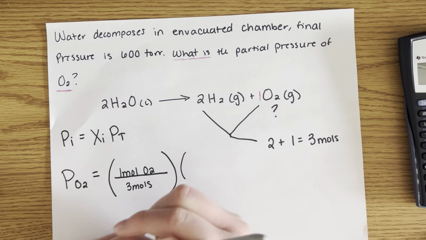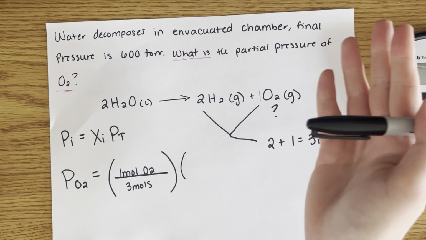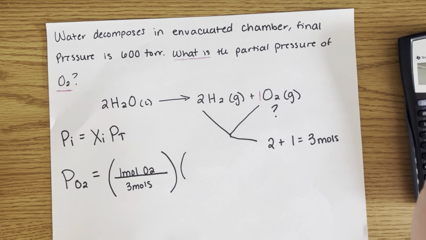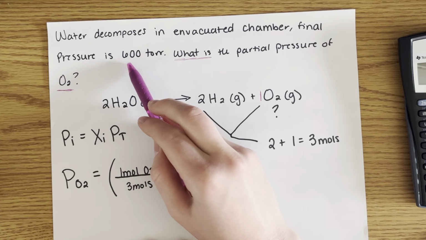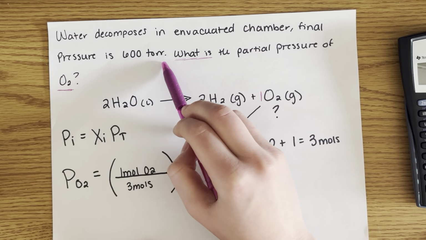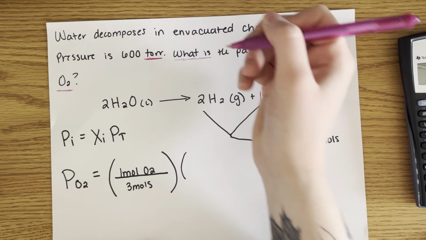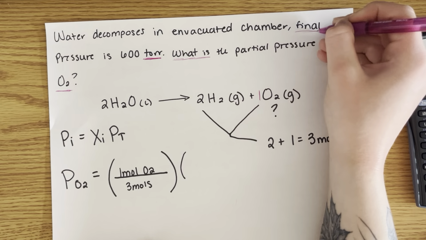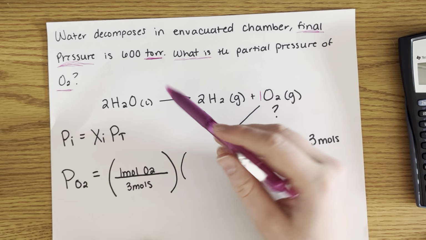Now, again, another question. It doesn't tell us explicitly what the total pressure is. It doesn't say the total pressure of the substance is blank. In this case, it uses the words final pressure is 600 torr. Normally, there's only going to be 1 pressure value. Again, considering the pressure units, it's pretty much the same thing as final pressure.